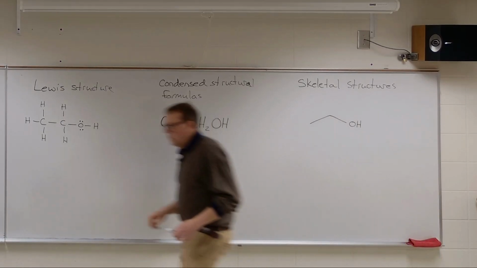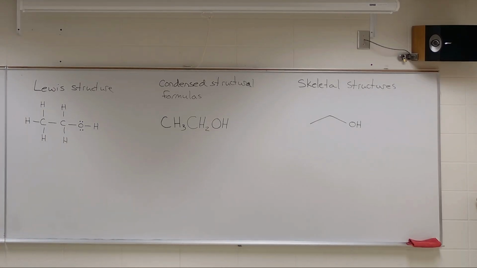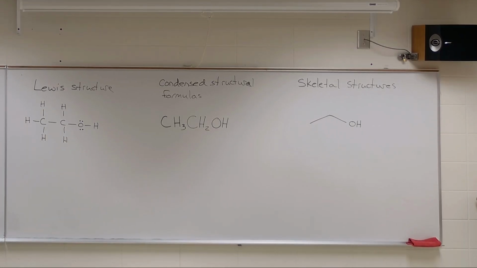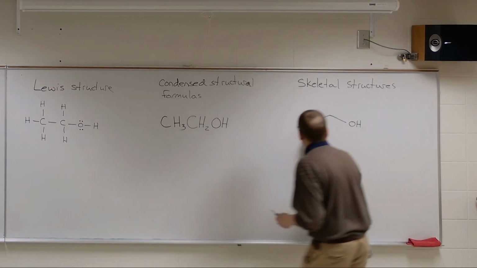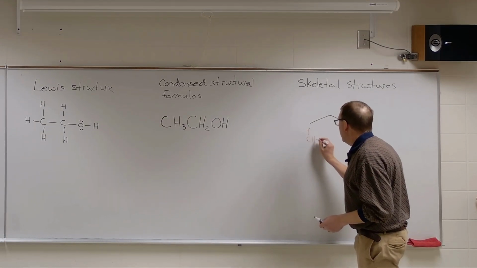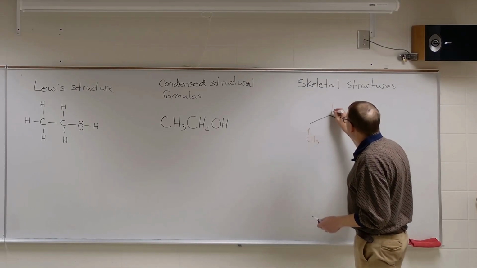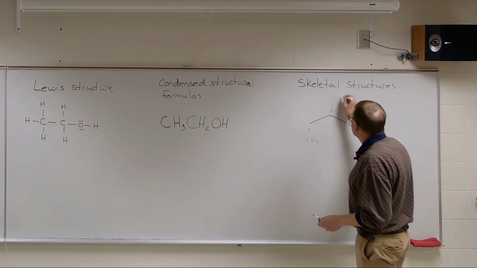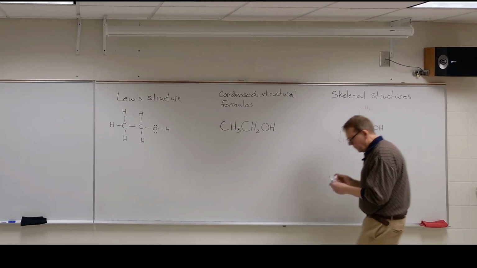So that would be how you do it. And what this diagram is trying to tell us is that there is a CH3 at that position, and there's a CH2 at that position.